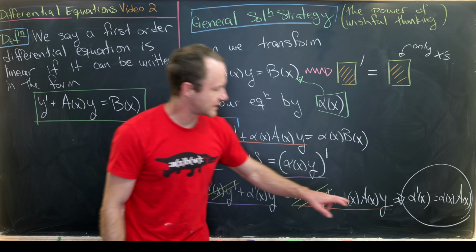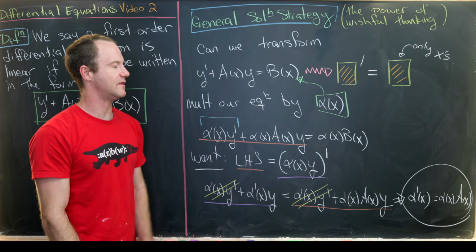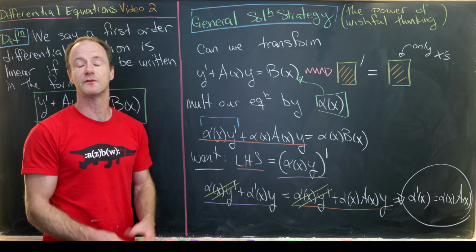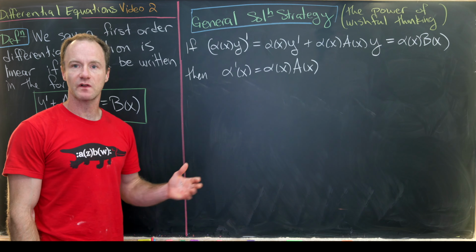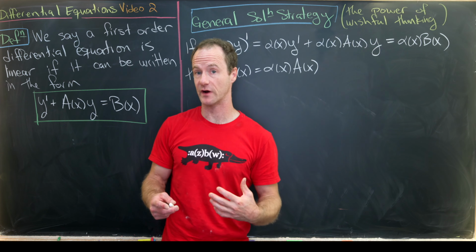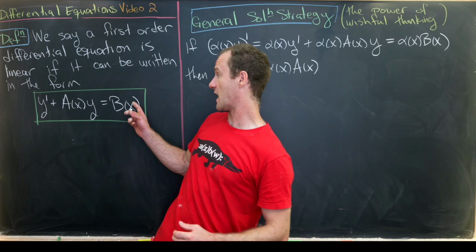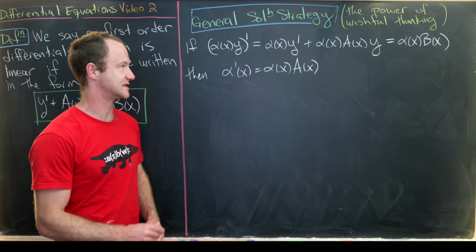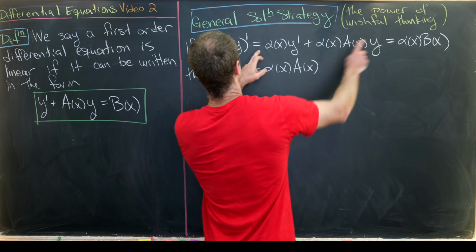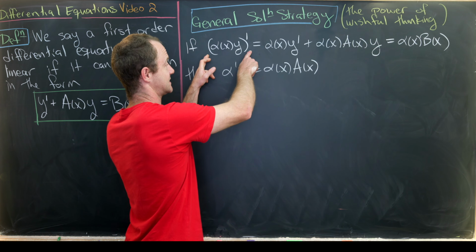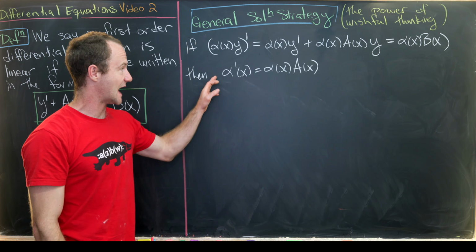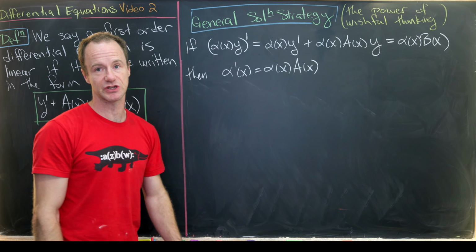Okay, so now let's bring that up and then we will finish off our general solution strategy before doing a couple of examples. In the last board, we determined that if it's possible to multiply by a so-called integrating factor, and I mean multiply our entire differential equation by this integrating factor, that turns the left-hand side of this differential equation into something nice, then that integrating factor, which we called alpha, had to satisfy this differential equation.